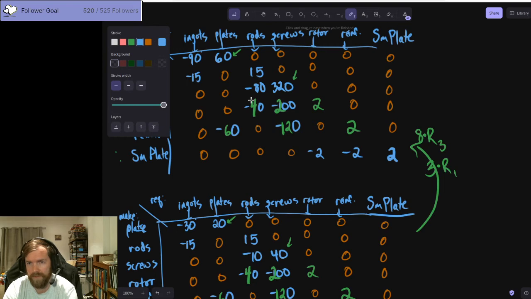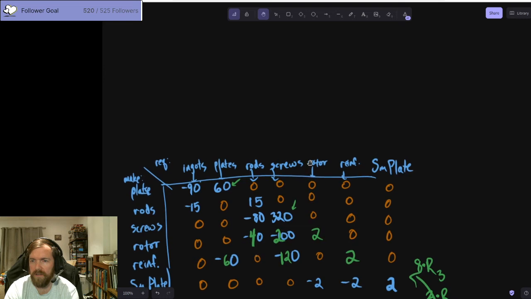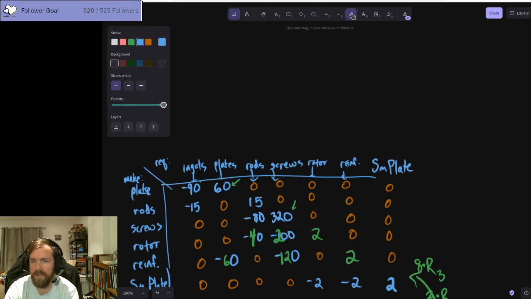So 120 goes, or 15 goes into 120 8 times. Nope. Hang on. Yeah, it does. Okay. So row 2 by 8. Copy.